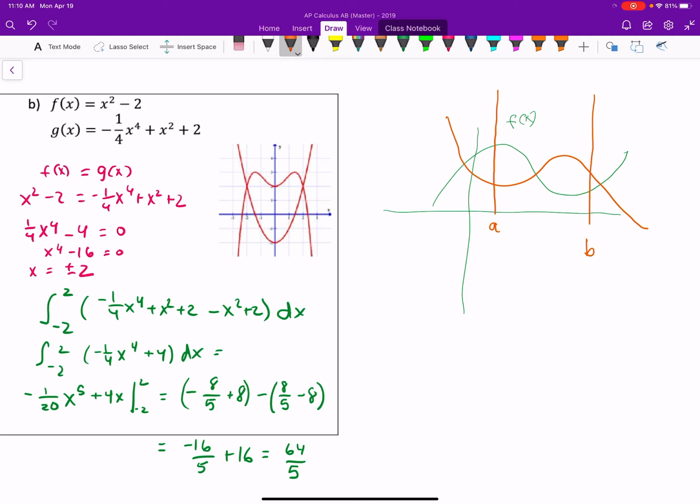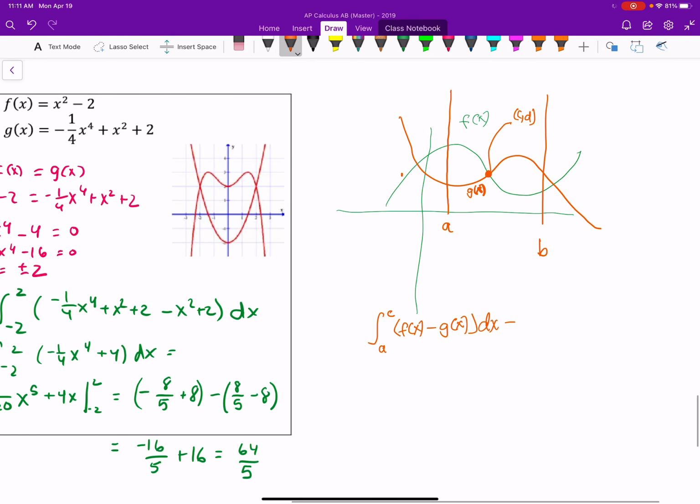That means the relationship between f of x and g of x changes. So you would have to find that point of intersection right there. Let's call this ordered pair C, D. That means then my integral would go from A to C, the point of intersection, and at first I have the f function as the upper function minus the g function, dx.